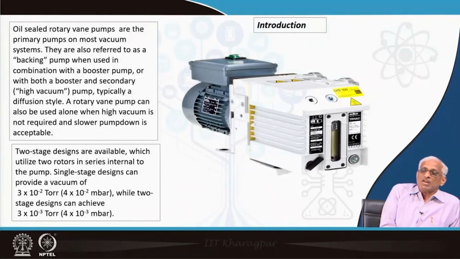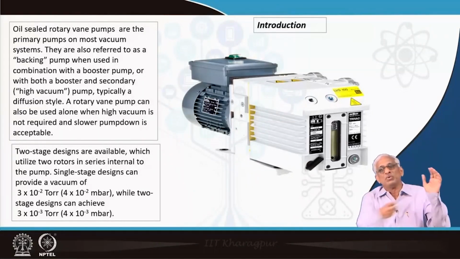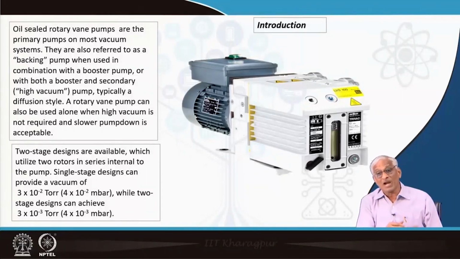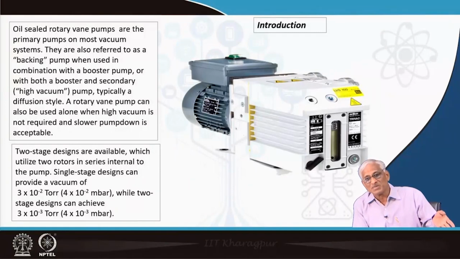You can produce a level of vacuum up to 10 power minus 2 torr or 10 power minus 3 torr, like that, without loading. That means it is a closed volume, you removed it, you got that vacuum. But under loading, it will not be that much vacuum, because continuously some external source of gas is coming. I explained to you in the throughput concepts, that is called gas load conditions.